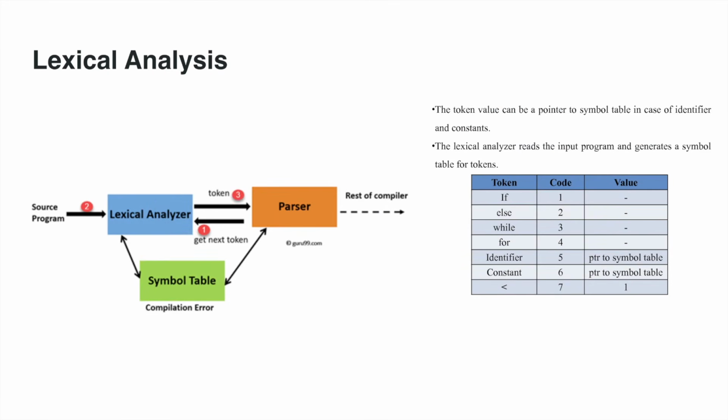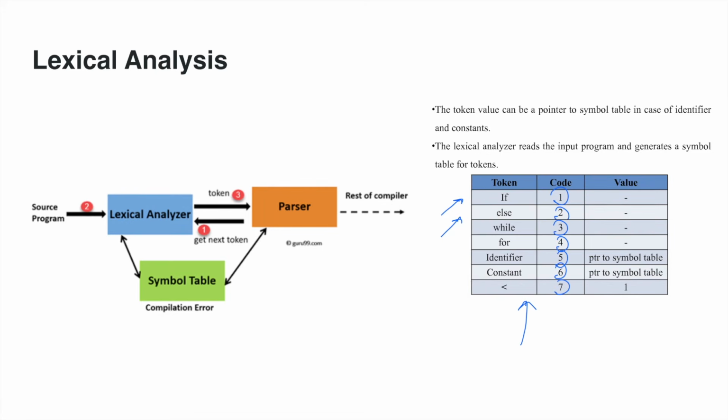Here's a really simple example. If you look at this table, we have a bunch of different keywords from a programming language. I guess we could imagine this is Python or something like that. And all of them have codes with them.